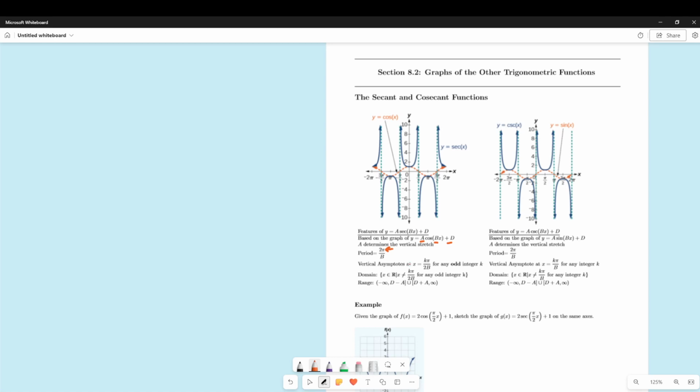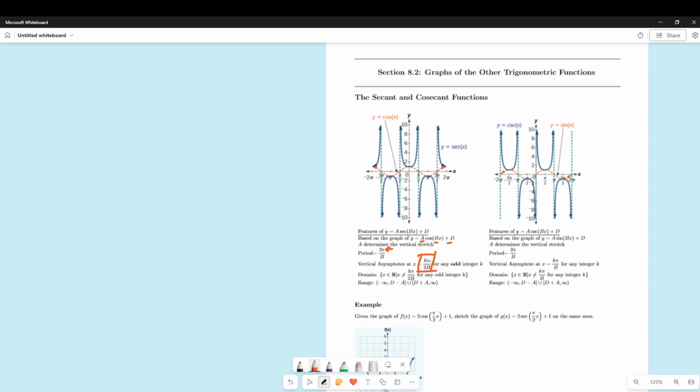And yeah, there's a little formula for the vertical asymptotes, and you could use this formula if you wanted to compute them, but you already know how to compute where it crosses the midline, so you don't necessarily need a new formula for secant and cosecant.